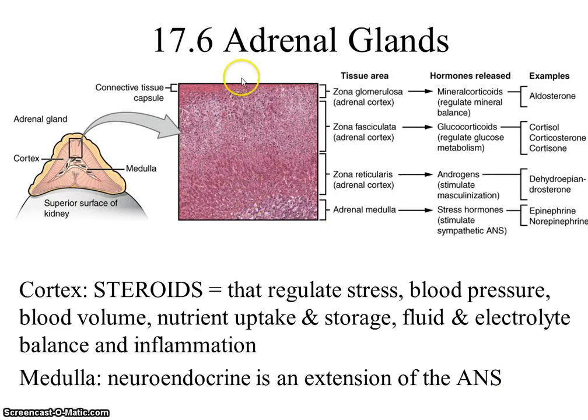The cortex is influencing a variety of different things. These are all steroids from the cortex, and epinephrine is not. So all steroids here, and they regulate stress, like cortisol, and blood pressure. Aldosterone helps with that. Blood volume, aldosterone helps with that. Nutrient uptake and storage, that's cortisol, really, and some aldosterone. Fluid and electrolyte balance, aldosterone, and inflammation.